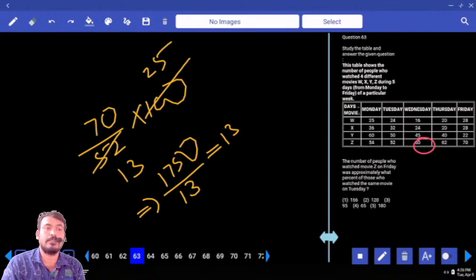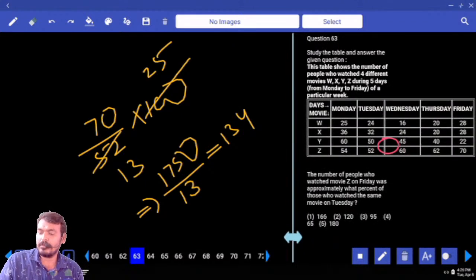Here the options are wrong. The actual answer will be 130-something, right? 13 13s how much? 169. What is the remaining value? 169 complete, 60, right? Means 4 times, right? We are getting 134-something. Options are wrong.